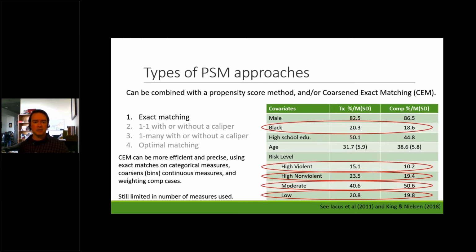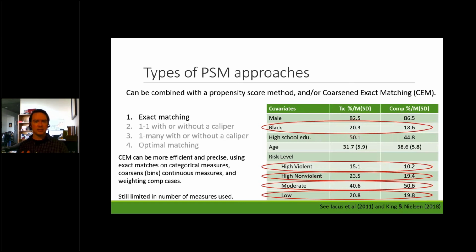To address any of the shortcomings of exact matching, you can couple it, as I mentioned, with a propensity score method. Or if you do not have many covariates, or especially if all those covariates are continuous measures, then maybe you should consider coarsened exact matching. CEM can be more efficient and precise, using exact matches on categorical measures, and then binning or coarsening continuous measures and weighting comparison cases.